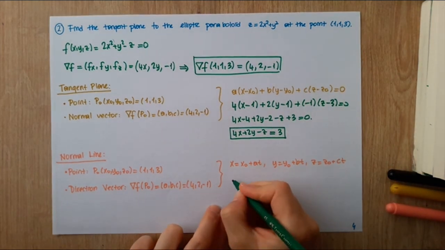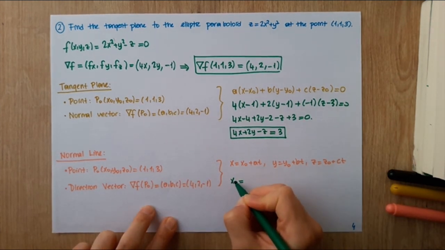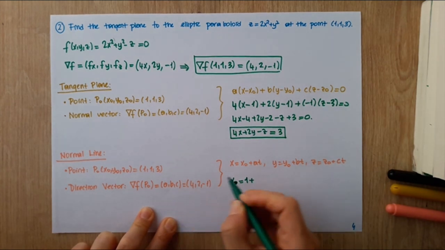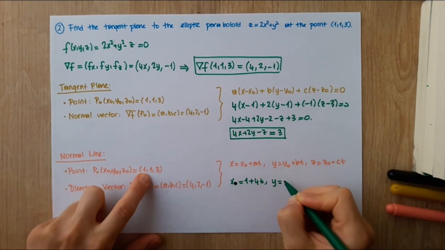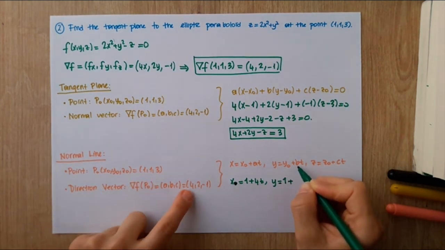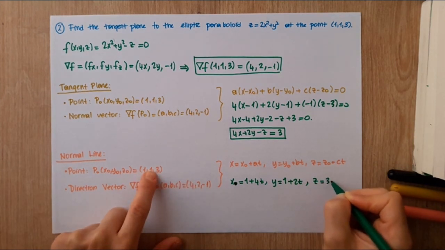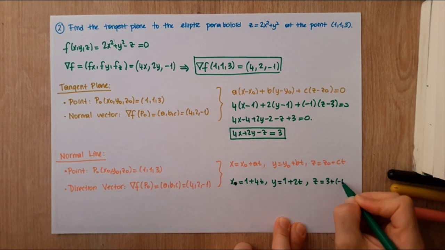Okay, so let's substitute everything here. We know that x is x0, which is 1, plus a is 4, 4t; y is y0, which is 1, plus b is 2, 2t; and z is z0, which is 3, plus c is minus 1, t.